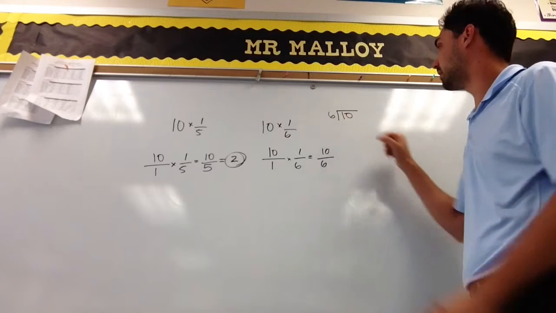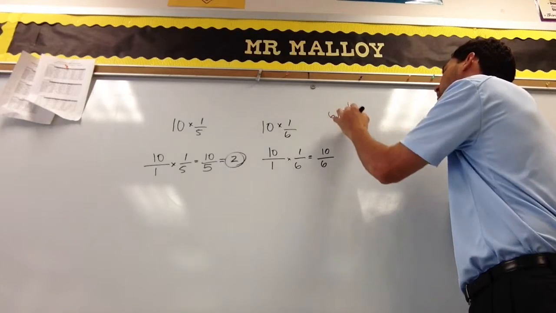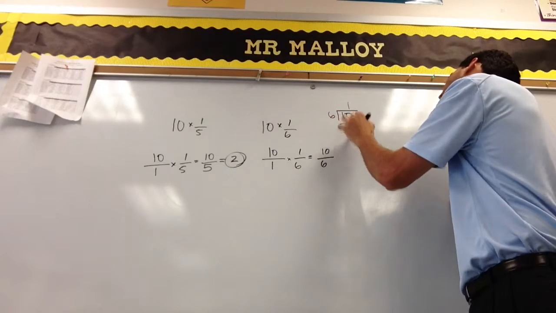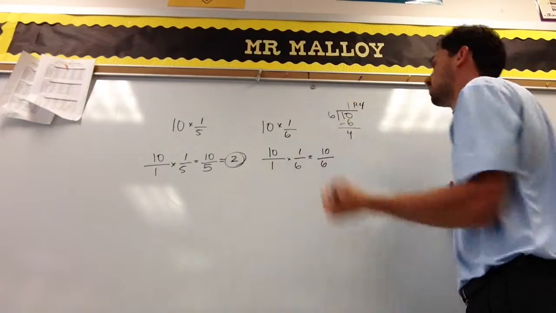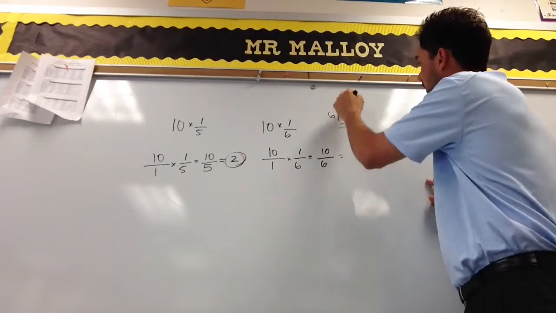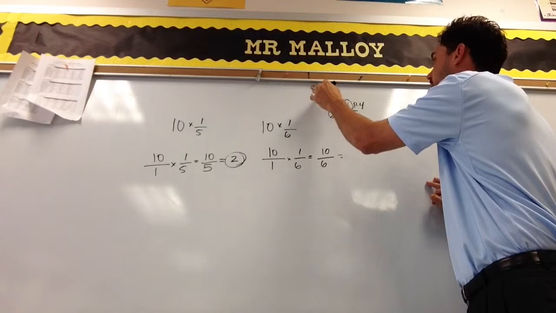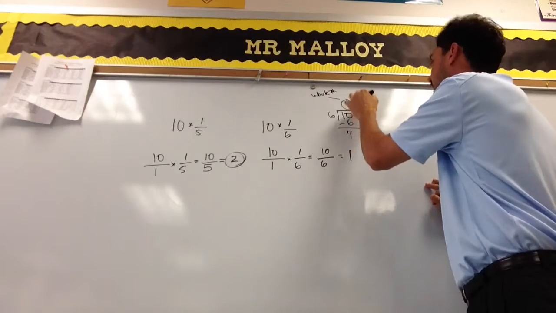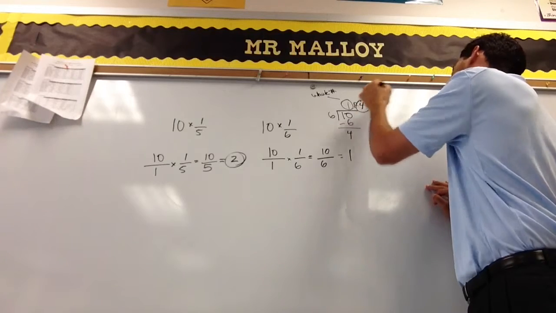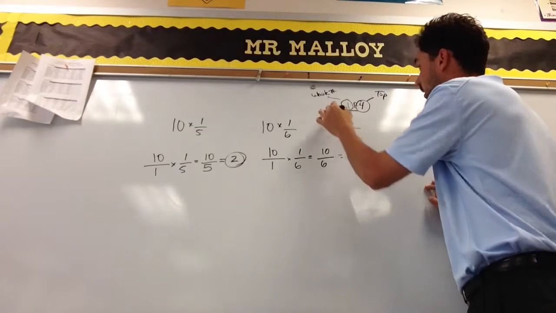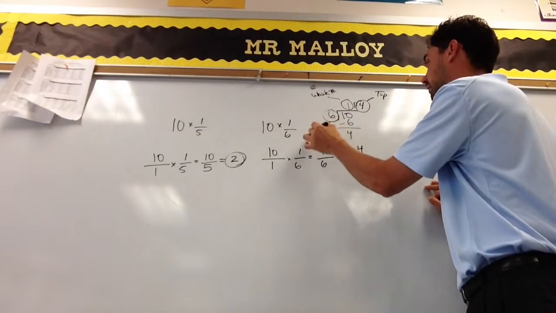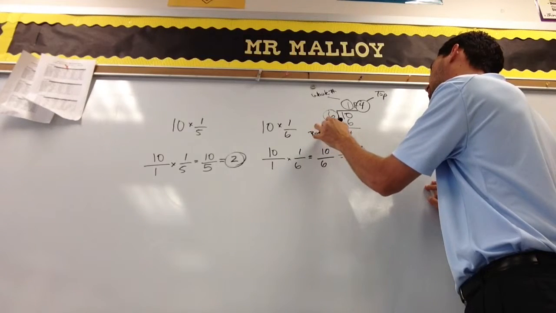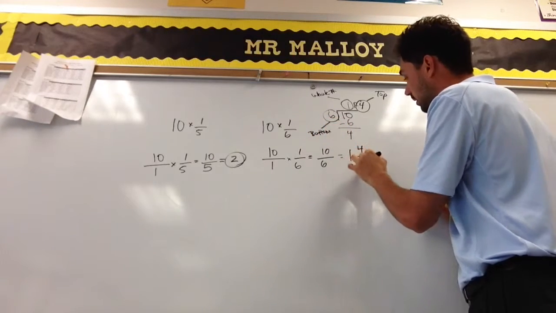So 6 goes into 10 once. So this would equal, this is our whole number, the 1. Our remainder is our top number, our numerator, 4, and our outside number here is our bottom number, our denominator, 6.